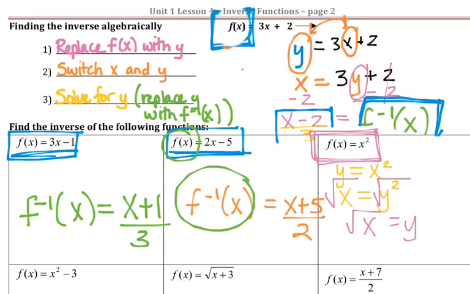Not an i this time because there's no negative, but a plus or minus. Whenever I take a square root when I'm solving an equation, I have to put a plus or minus. And that's something we like to leave off sometimes. I'm going to trade out my y with an f inverse of x. And I got my answer right here.